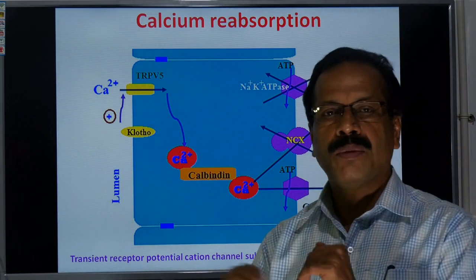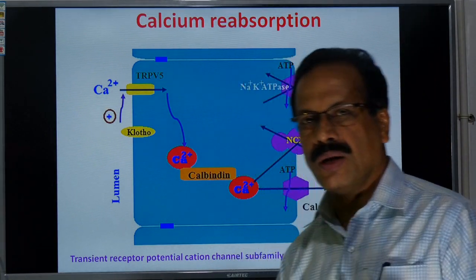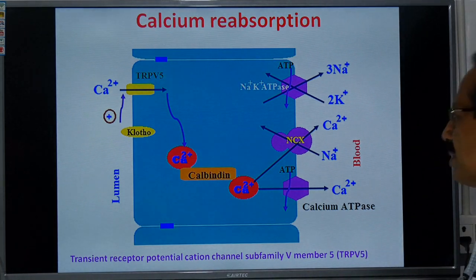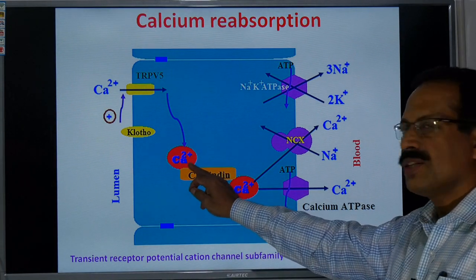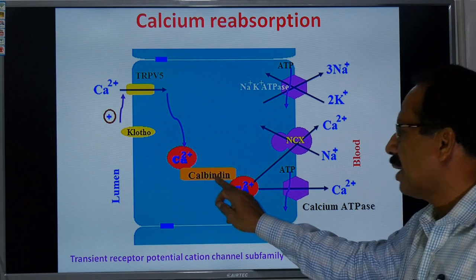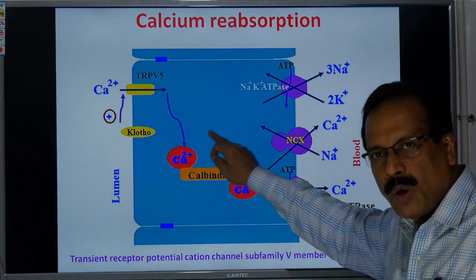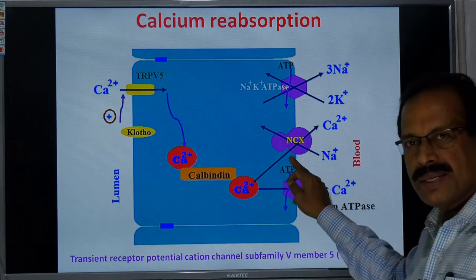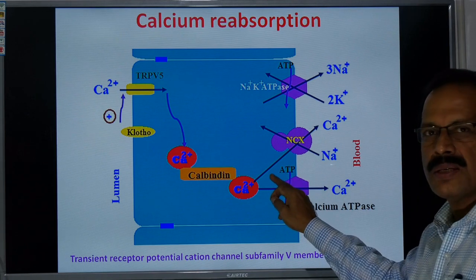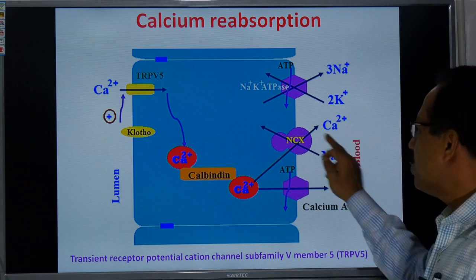This acts as a buffer to reduce the amount of free calcium present in the cell. And when the calcium is bound with the calbindin, this complex moves to the basal side and the calcium is escorted out of the cell through two channels.